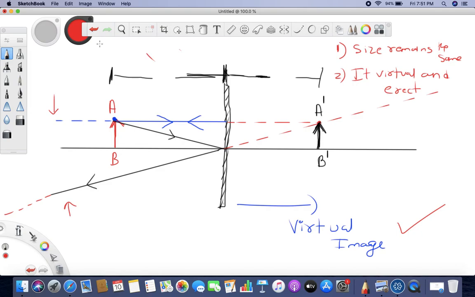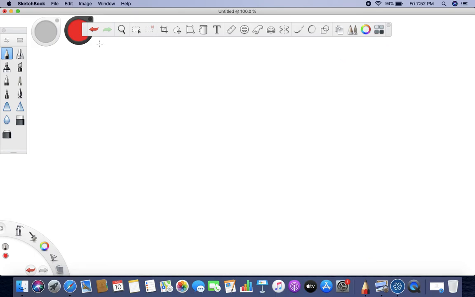So that is what we learn, and that is how an image is formed in a plane mirror. Okay, now let us see how an image is formed in a spherical mirror. In a spherical mirror we are going to see only a concave mirror today. So let me draw a concave mirror. So this is a concave mirror.